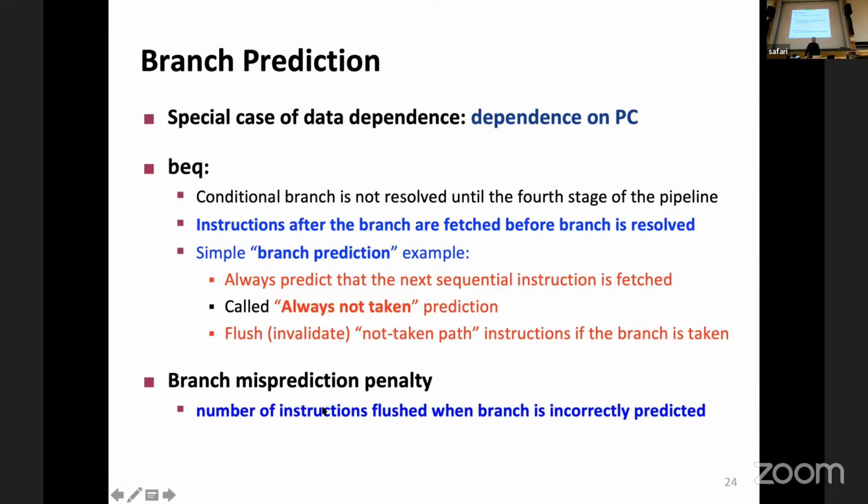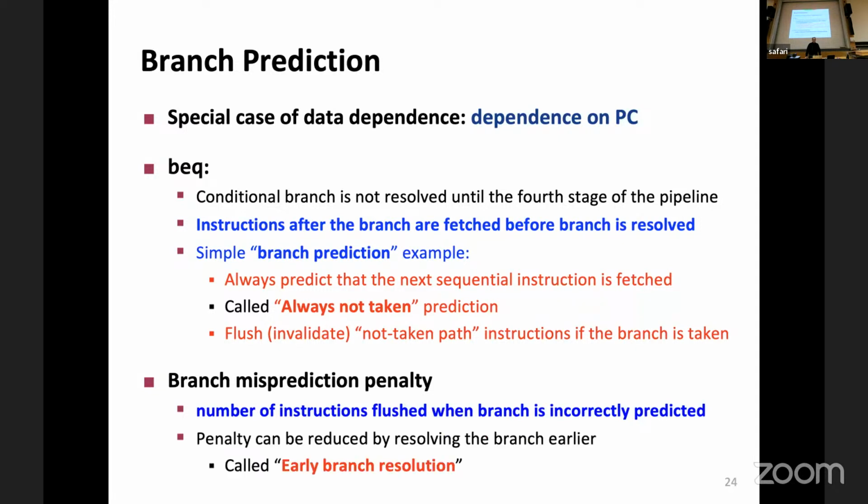In the MIPS processor, this penalty is not that high, using forwarding paths and techniques that we are going to see soon. But in modern processors, because the number of pipeline stages is quite deep, the misprediction penalty is quite high. So it's really important to avoid it.